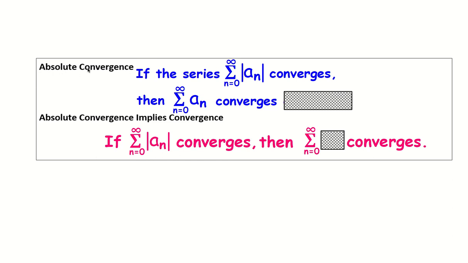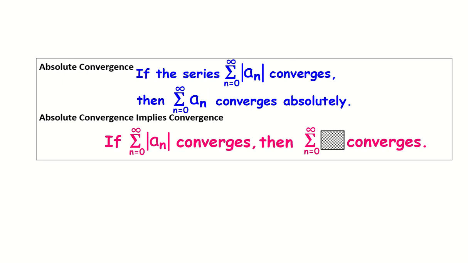Absolute convergence. Absolute convergence implies: if this series converges, if you take the absolute value of all the terms and make sure that all of the terms are positive, and it still converges, then the plain old series without the absolute value converges absolutely.